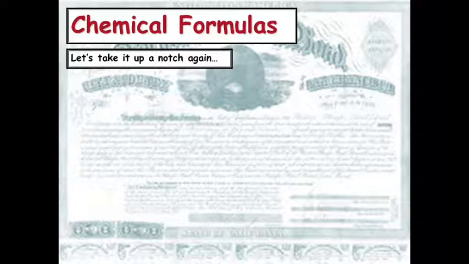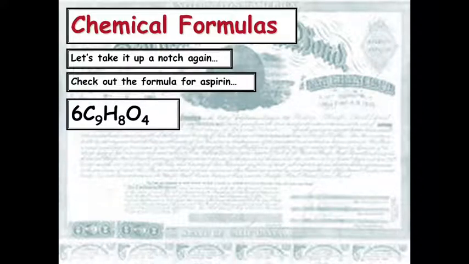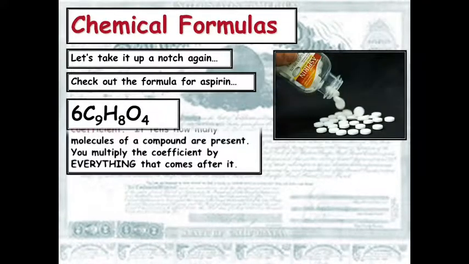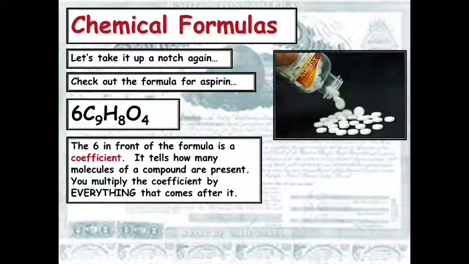Next, taking it up one more notch. This is so simple, we need to just expand a bit more. Now we have a number in front. Not only do we have these subscripts, the little numbers to the right, we have one full-size number in front. We're going to call this a coefficient. Now a coefficient tells you how many molecules we have. So this number affects the entire molecule.